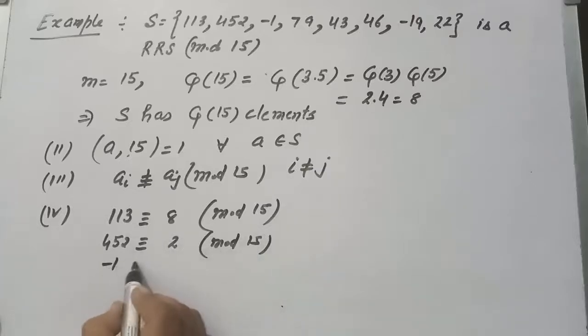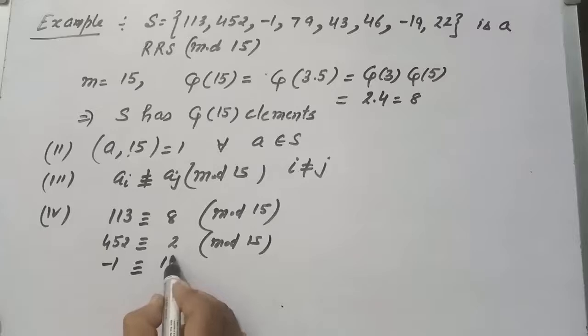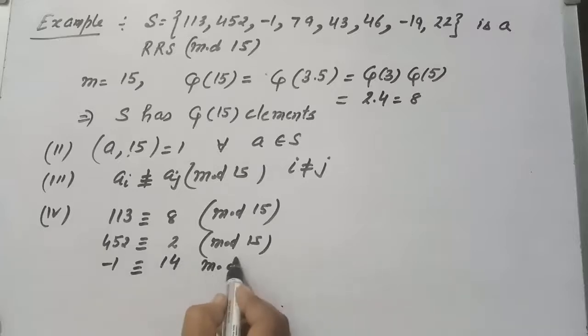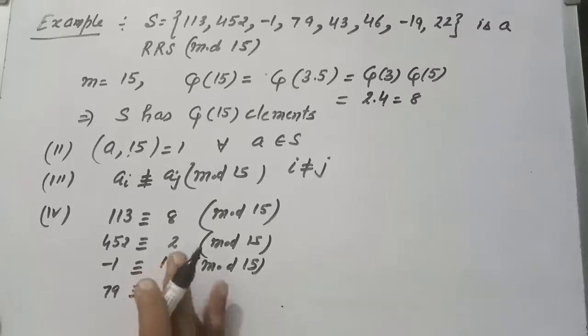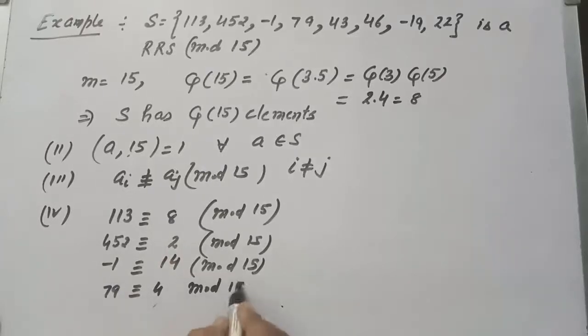Similarly, minus 1 is congruent to 14 modulo 15 and 79 is congruent to 4 modulo 15.